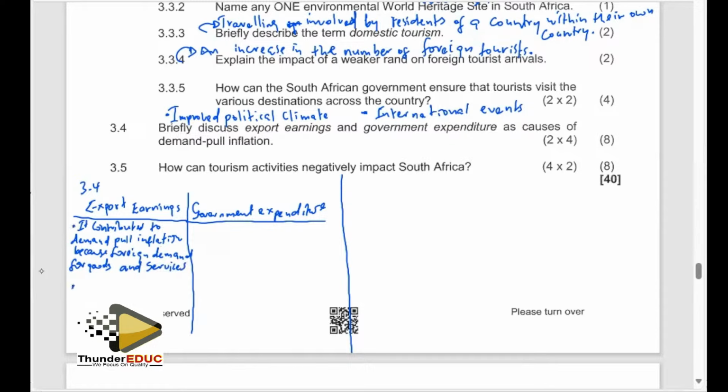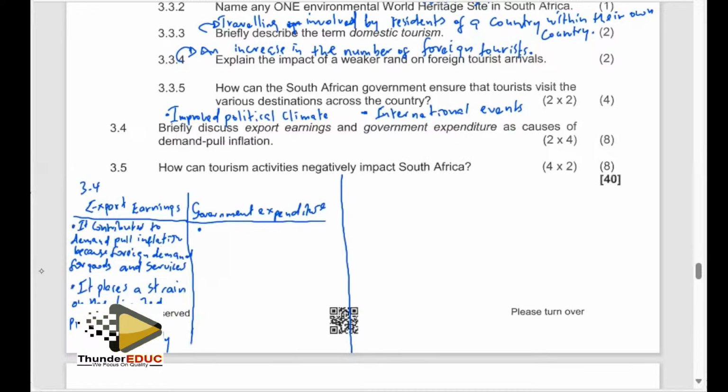And also we are saying that it places a strain on the limited production and supply.